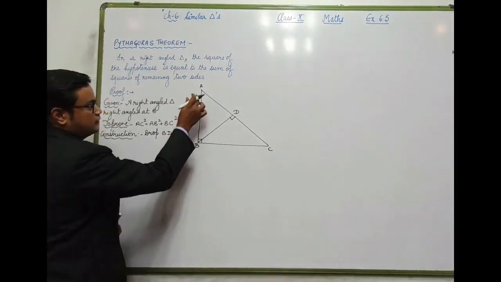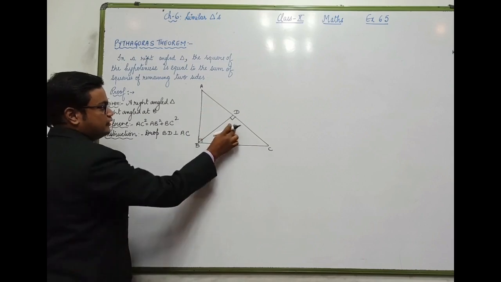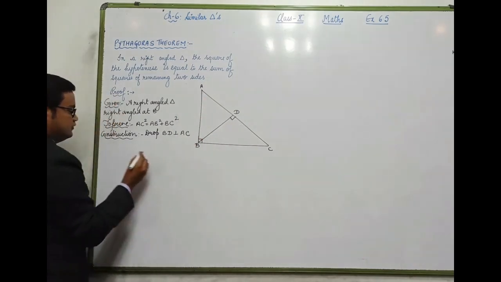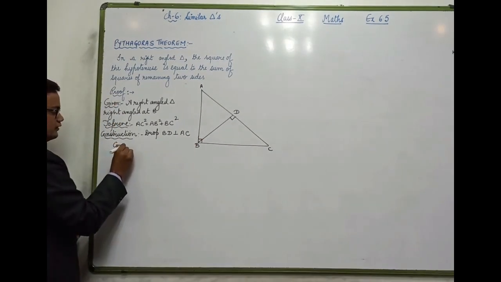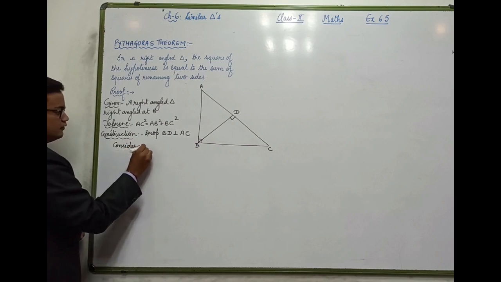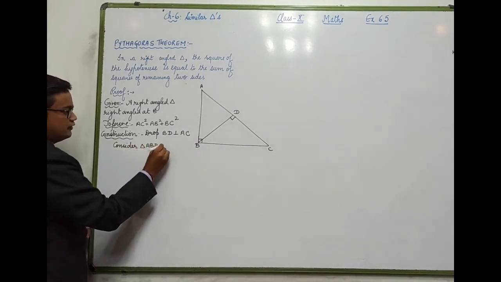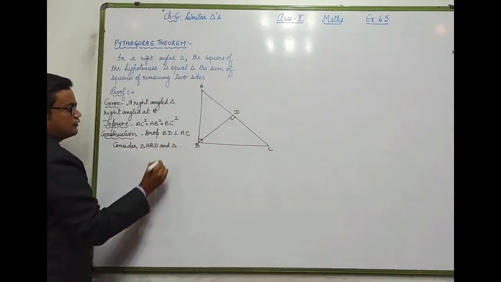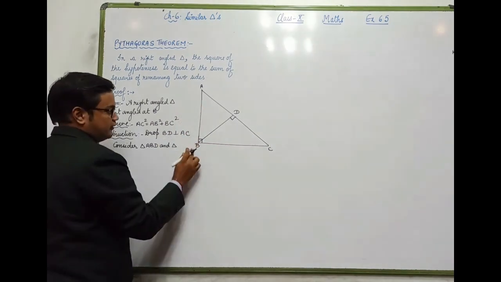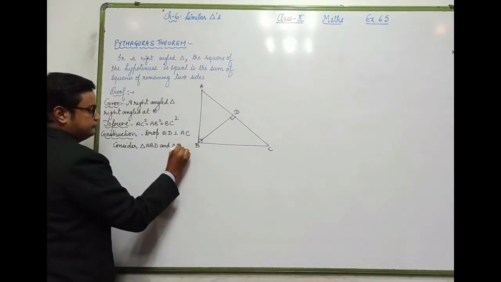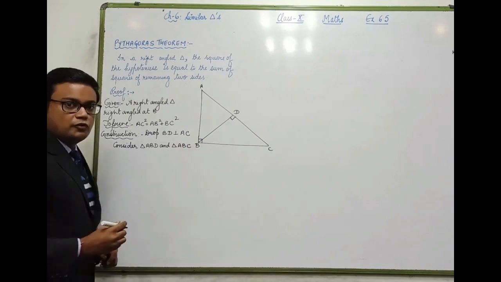Let us take the small triangle ABD and ABC. So consider triangle ABD and the containing triangle ABC. Let us see what they have in common between them.